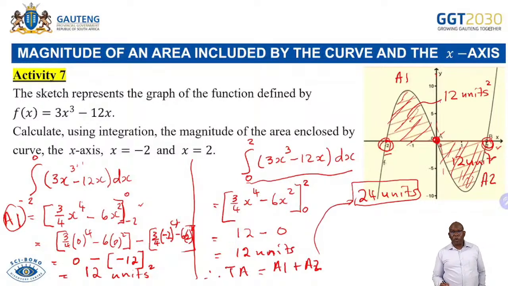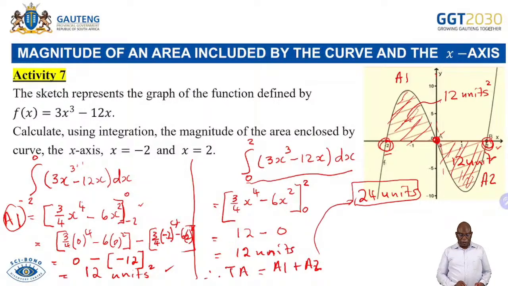The area of that is 12 square units. Remember, we're talking area, so area cannot be negative. So if you get a negative number, then you make it a positive. Therefore, area will be 12 square units, not negative 12 square units. So we get 12 square units for the first one, 12 square units for the second one.